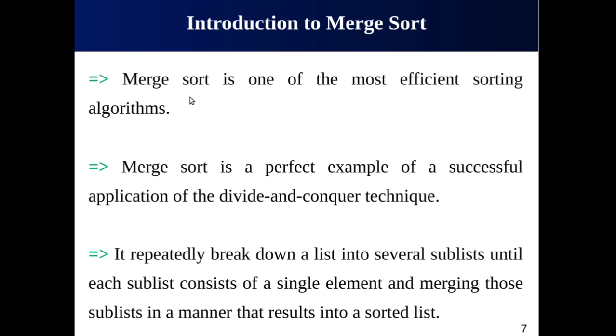So merge sort is an efficient algorithm as compared to the previously studied algorithms because its running time is log n, and log is a function which grows very slowly over the input, right? That is why it is an efficient sorting algorithm, especially if the list is a large list.